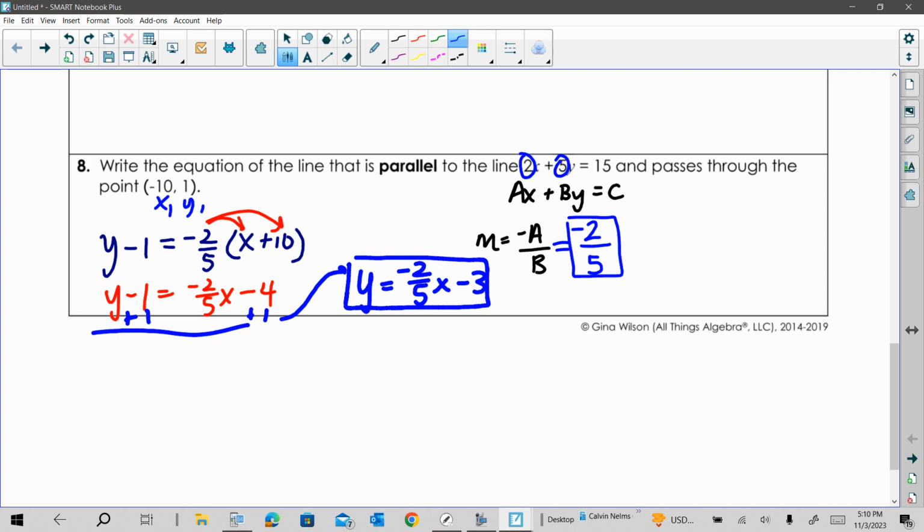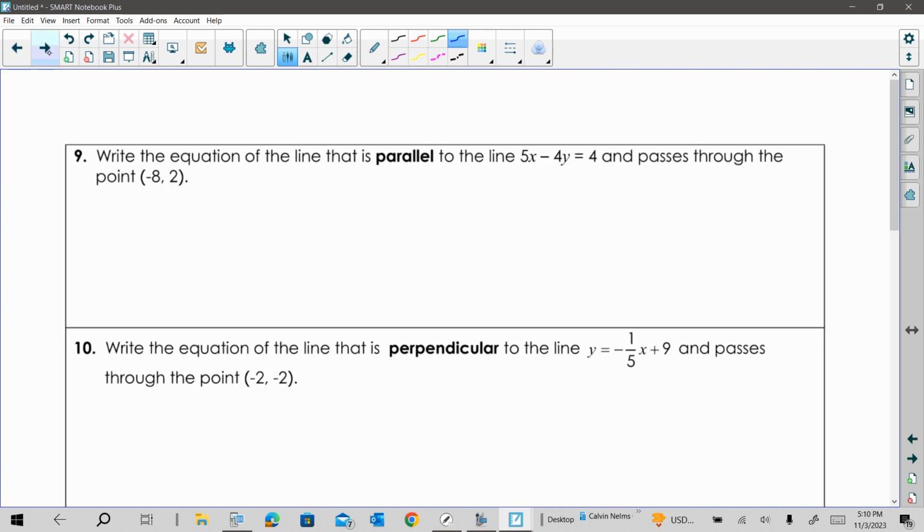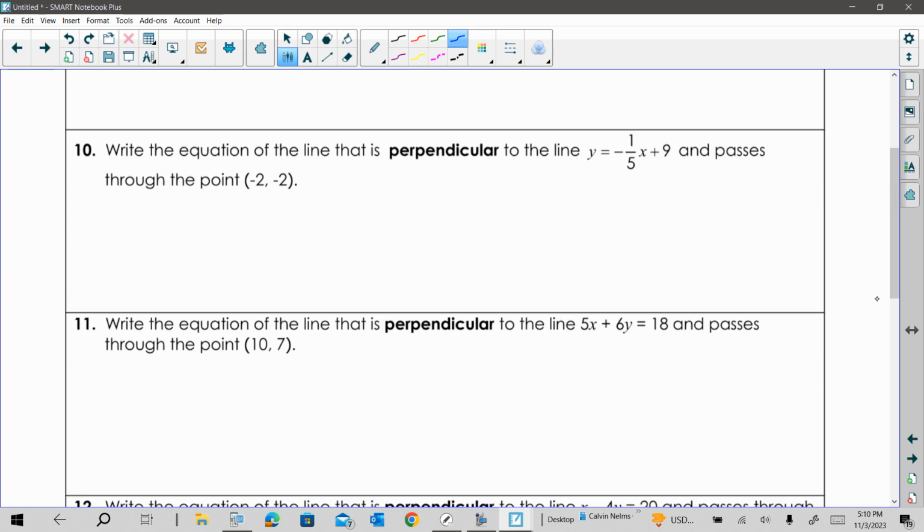Okay. So like I said, you need to look at your flip book, go to the last page, the orange page, and there's steps to follow to help you with these equations. So on the back here, when we start looking at number 10 and 11, now we're talking about perpendicular. So that's an opposite reciprocal slope, which means we have to flip the number and change sign.